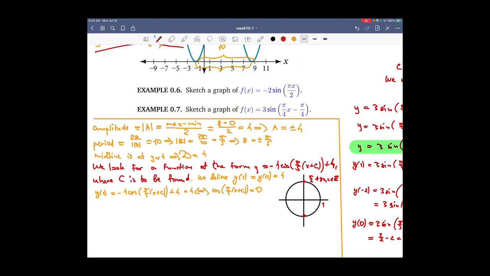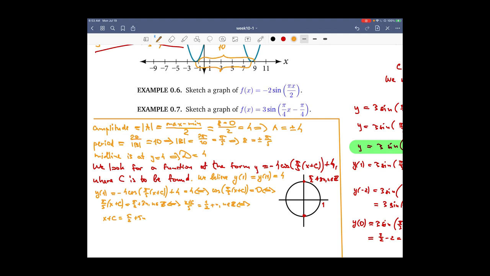So from cosine of pi over 5 times (x plus c) being 0, we conclude that this is logically equivalent to pi over 5 times (x plus c) being pi over 2 plus pi n, where n is an integer. Upon cancellation by pi, we get (x plus c) over 5 being 1/2 plus n. This is logically equivalent to x plus c being 5/2 plus 5n.